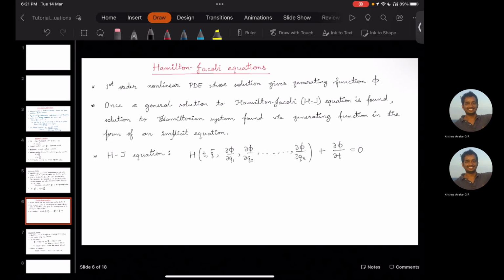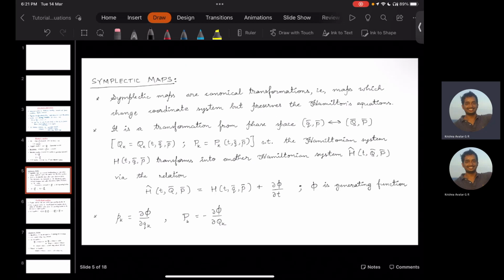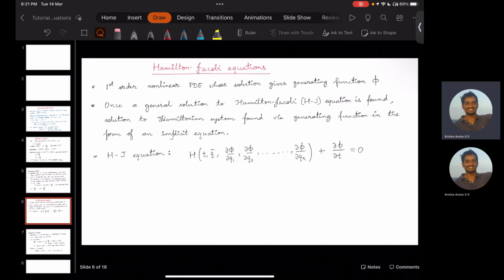Once a general solution to the Hamilton-Jacobi equation is found, we can obtain our solution to the Hamiltonian system. This can be done with the help of the generating function in the form of an implicit equation, isn't it? So this generating function helps us obtain the solution of our Hamiltonian problem.